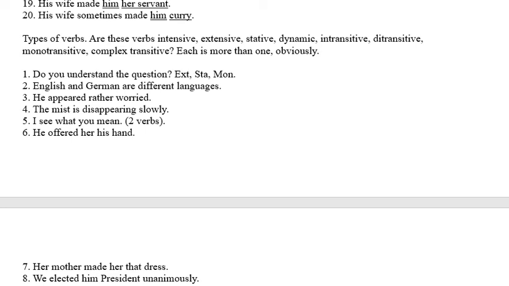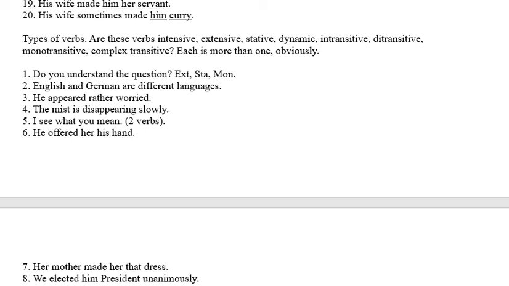This is an extensive verb because it doesn't have a subject complement. It's stative because we can't say, are you understanding? And it's monotransitive because we have one object, which is the question.